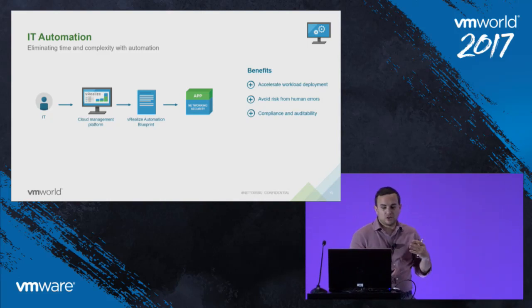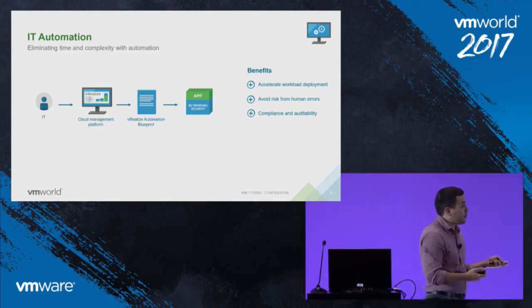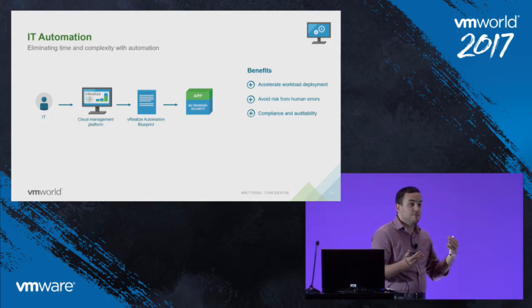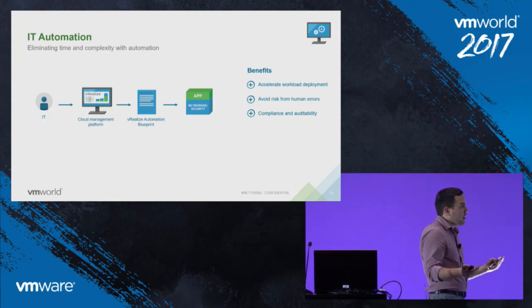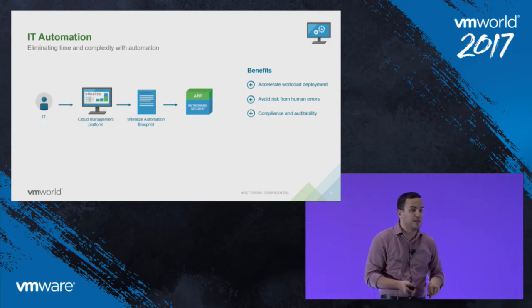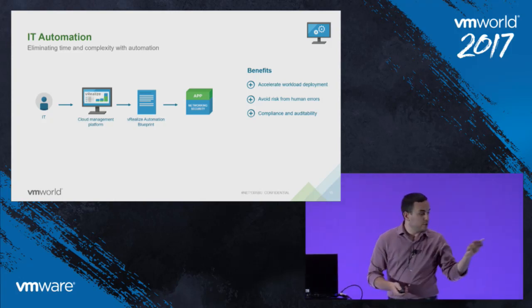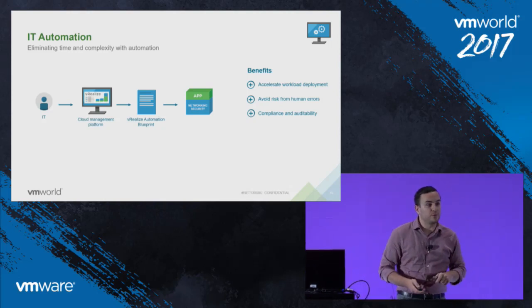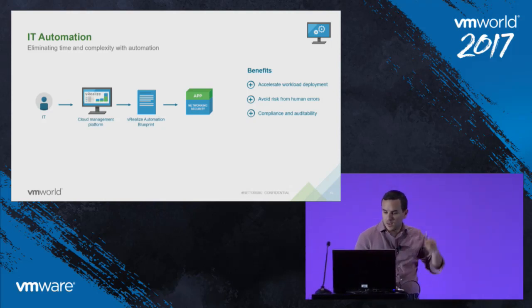So IT organizations will use a cloud management platform here. We have vRealize here, obviously, because it's our product, but it doesn't have to be vRealize. It can be VMware Integrated OpenStack, VIO. It can be other OpenStack releases. We have customers using all sorts of different cloud management platforms to do this. We just obviously provide one in the form of vRealize Automation.